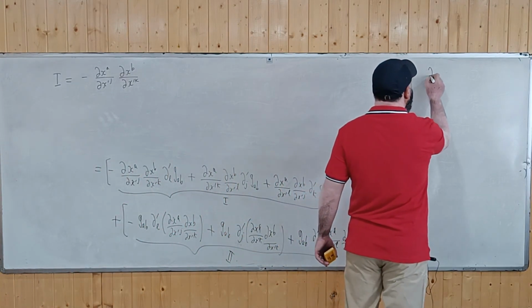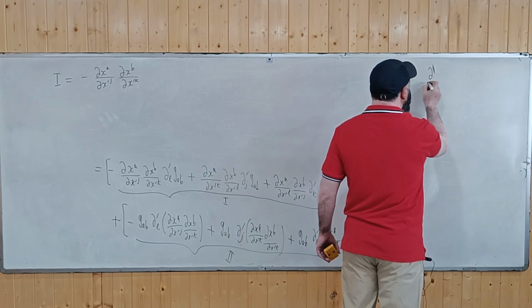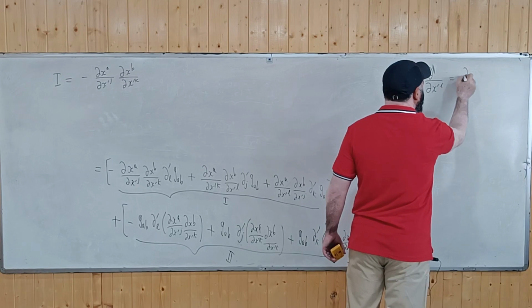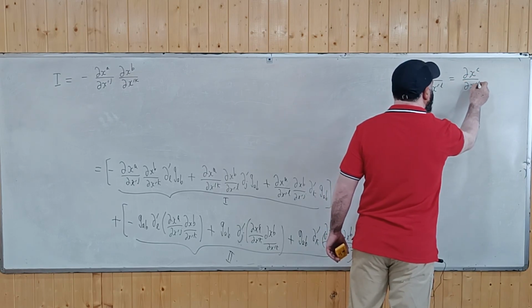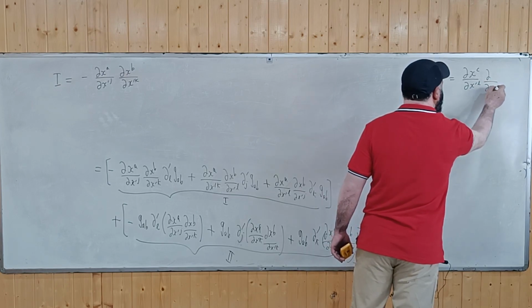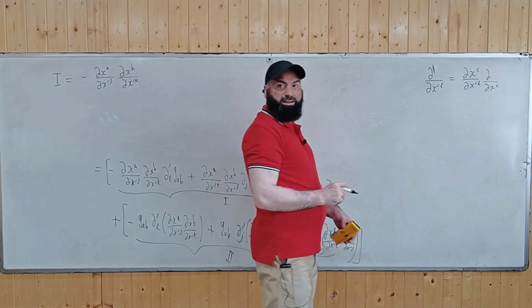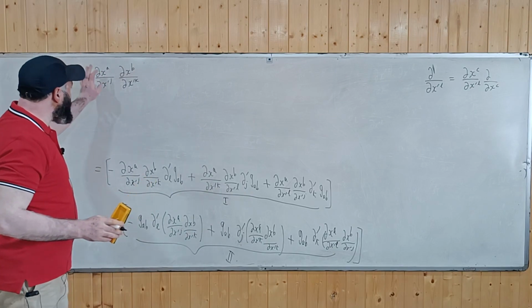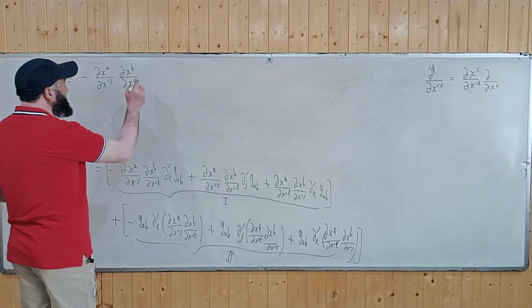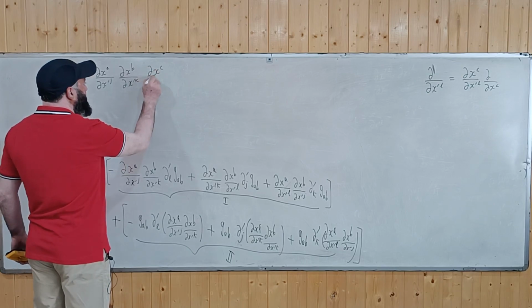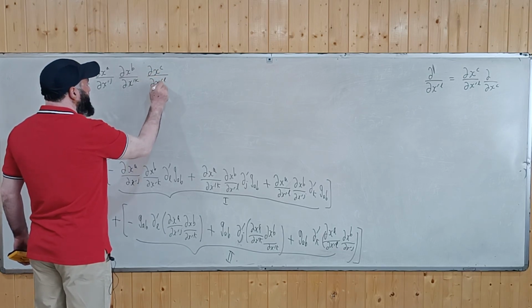So it's like this: partial by partial x prime L. So how will it transform? Let's say partial xc by partial x prime L and partial by partial xc. Because a and b are already dummy variables in our equations, I will now use c. So it will be partial xc by partial x prime L.